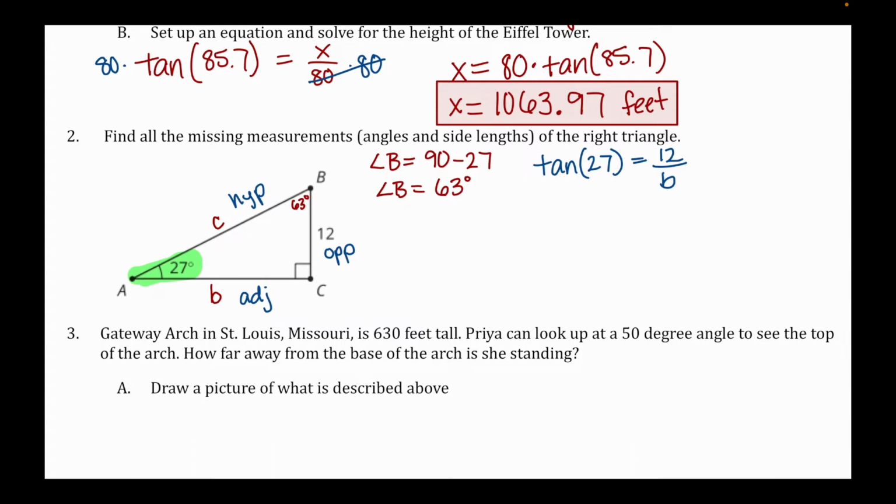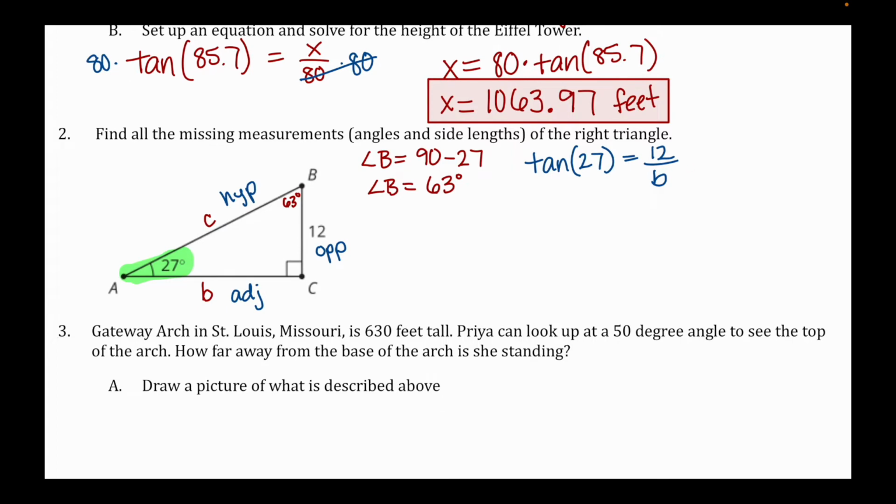Now we're going to do a couple operations here. You can think of this as a proportion if you want, because there's always an invisible 1, so we could cross multiply. But really we're just going to multiply both sides by b, because that's in the denominator, and we want it to not be in our denominator.